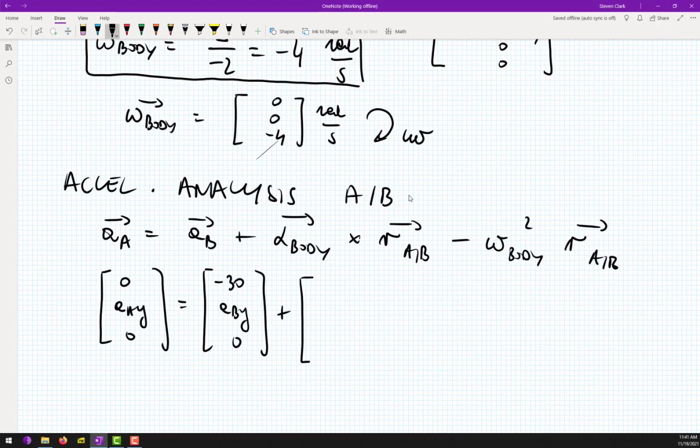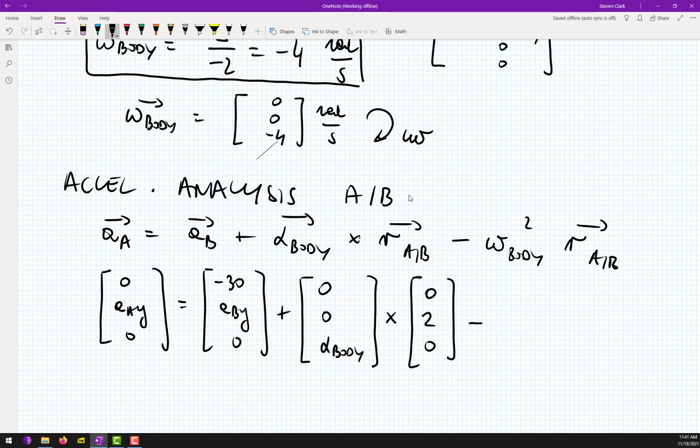Oh, no, we didn't find that vector. It will be 0, 0, alpha body. Let's assume counterclockwise direction, times 0, 2, 0 minus 4 squared, 0, 2, 0.